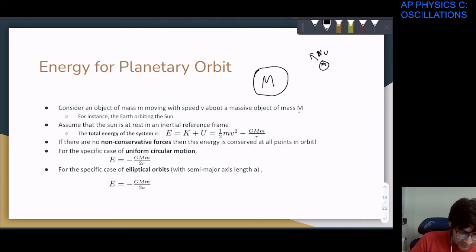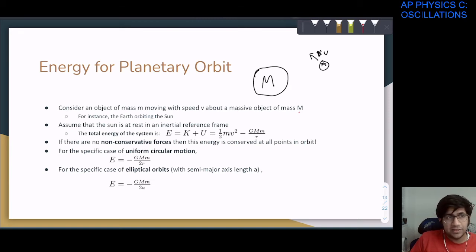Now, assume that the Sun is at rest in an inertial reference frame. So that's a valid assumption. The total energy of the system is going to simply be the sum of the kinetic and the potential energies. Now the Sun is at rest, right? And only the planet is moving. So we have the kinetic energy of the planet, and the potential energy of the system is what?